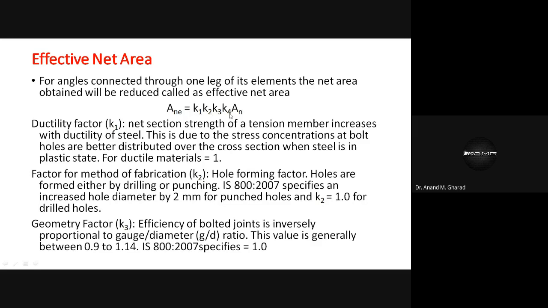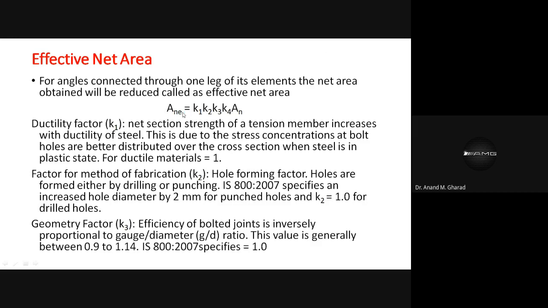These are the multiplying factors, or we can also call them some coefficients which govern the net area value. Because you can see, since the presence of the bolt hole is there, when this bolt hole portion comes in contact with the bolt, what will be the changes in stresses? That one has to take care of.